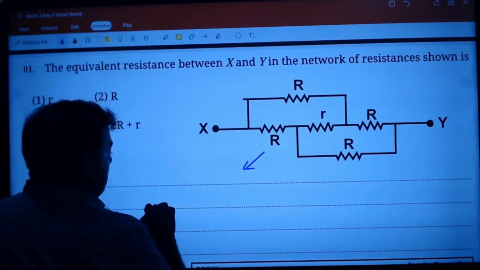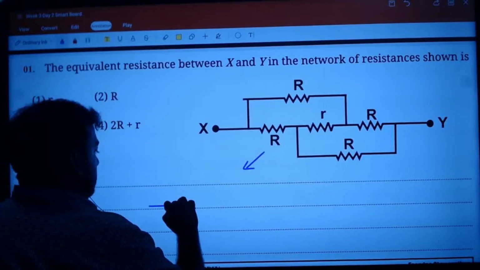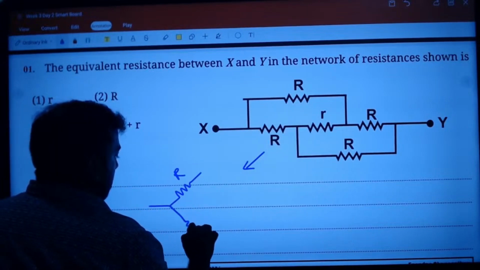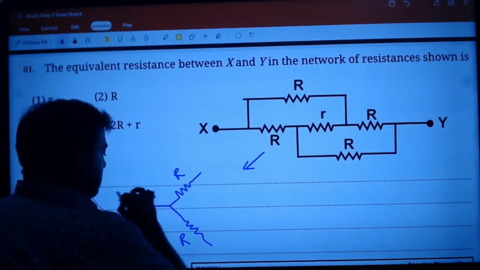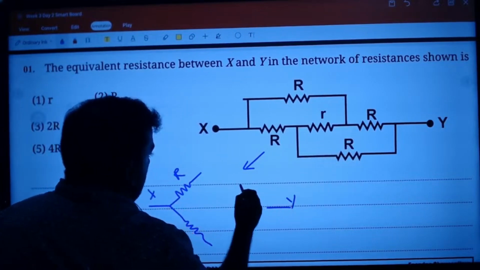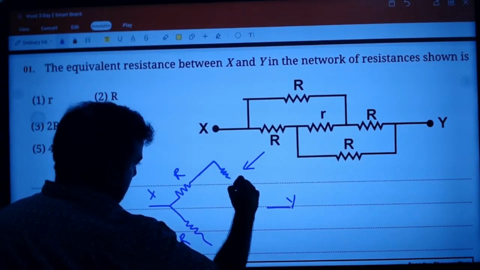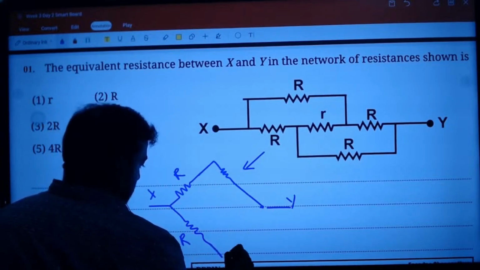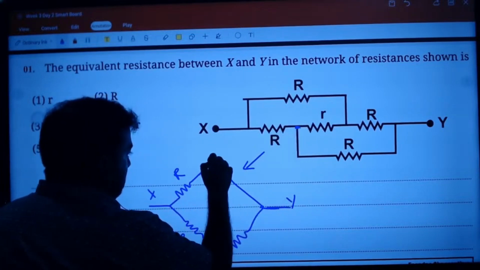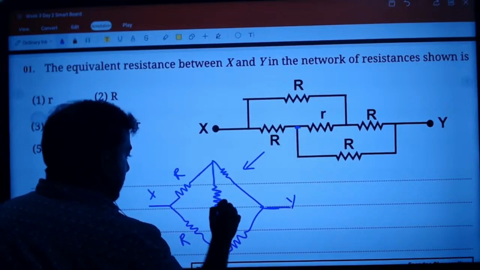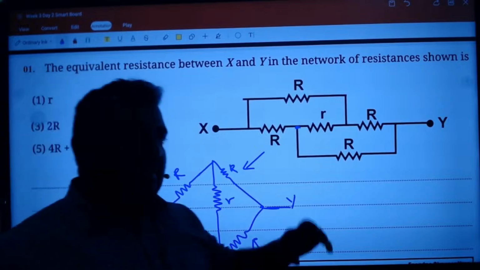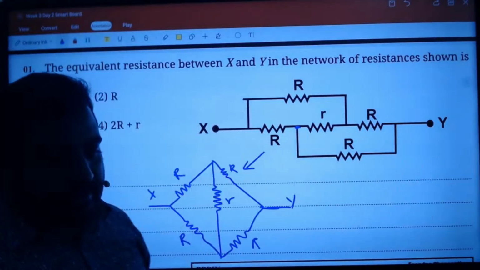So you can easily connect this resistor R, X terminal, terminal Y, resistor R, and connecting these two terminals you have resistor R. All of you know the Wheatstone bridge rule, the same rule which you use for capacitors.